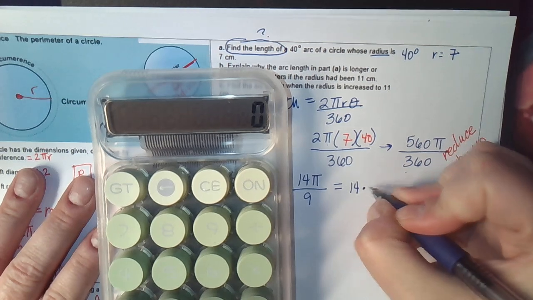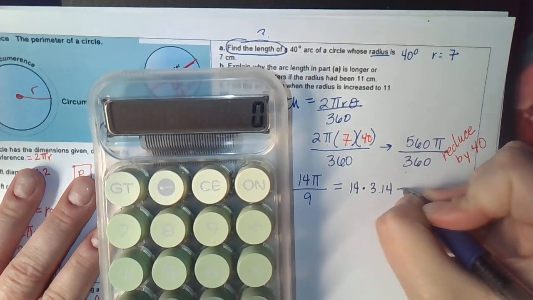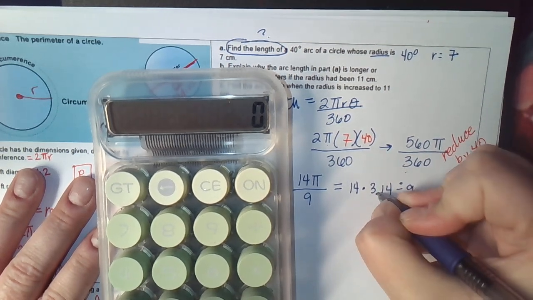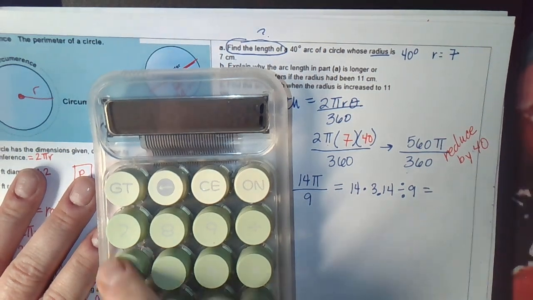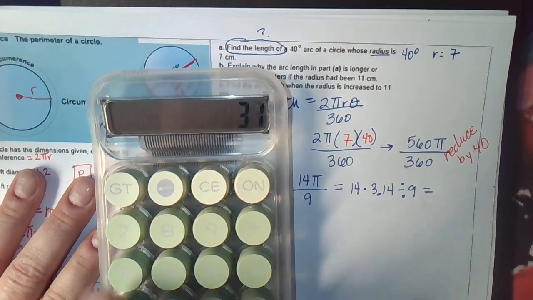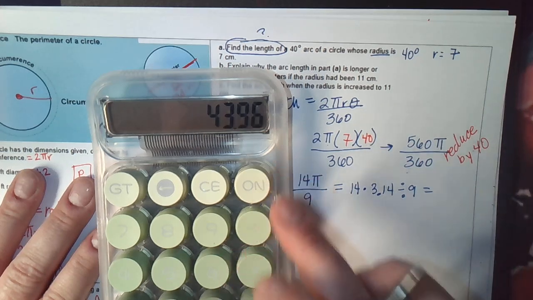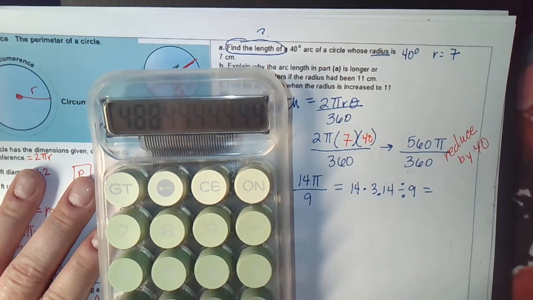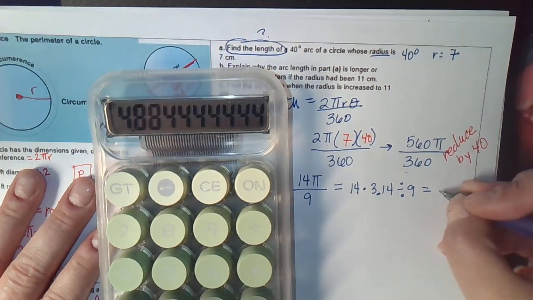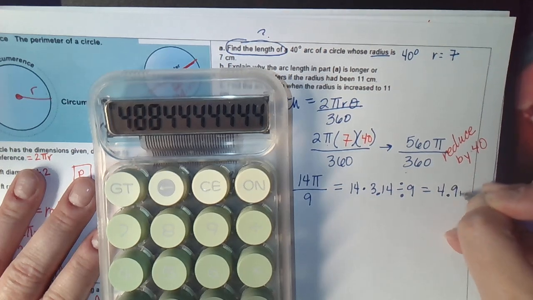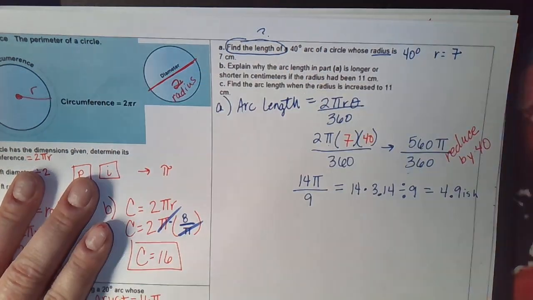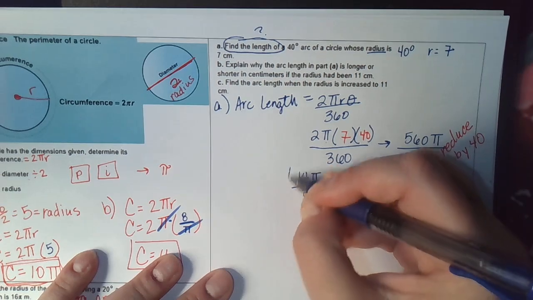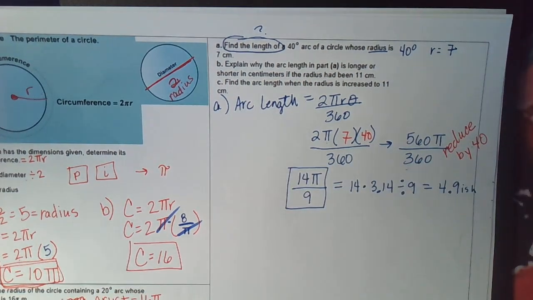So 14 times 3.14 divided by 9. We're just finding this so that we can do part B. Okay, so 14 times 3.14 divided by 9. Yeah, I got 4.9-ish. Okay. So the answer for part A is 14 pi over 9.